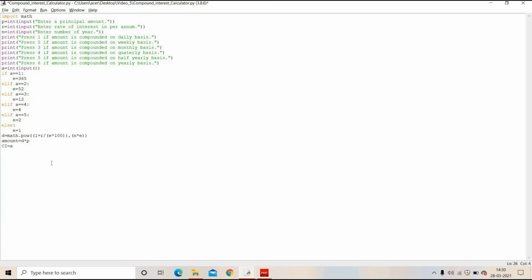So compound interest is equal to amount minus principal P. So now we have computed amount and compound interest. So we have to print it for the user as follows. Print what amount is equal to bracket, comma amount.